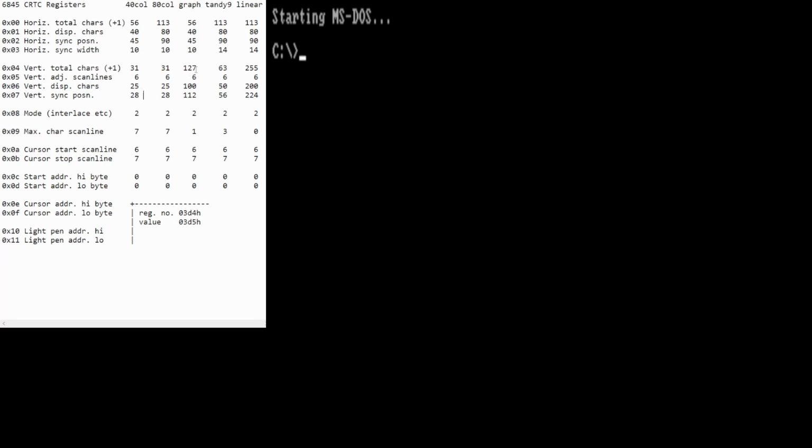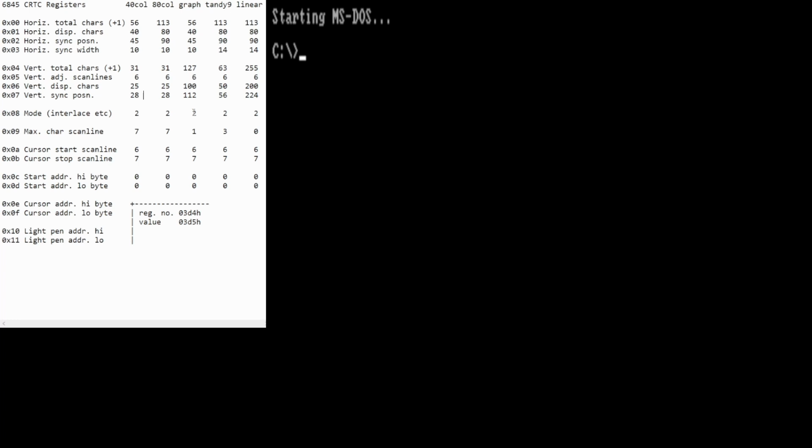It can only count to 127, which would correspond to a total of 128 character rows, and with 1 scan line per character, that would only give us 128 scan lines, which, even with the small value that we can put in this vertical adjust register, wouldn't get us anywhere near the 262 that we need.